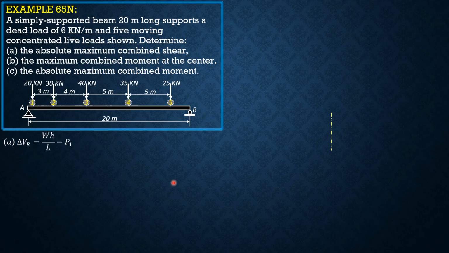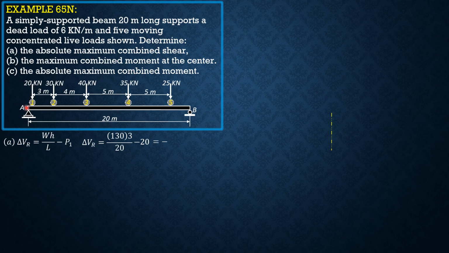That's our criterion. So load 2 over A, then W would be 30 plus 40 plus 35 plus 25. P1 is 20, H is 3. 70, 100, 130. So delta VR is 130 times 2 times 3 over L, 20 minus 20. And the sign is negative.